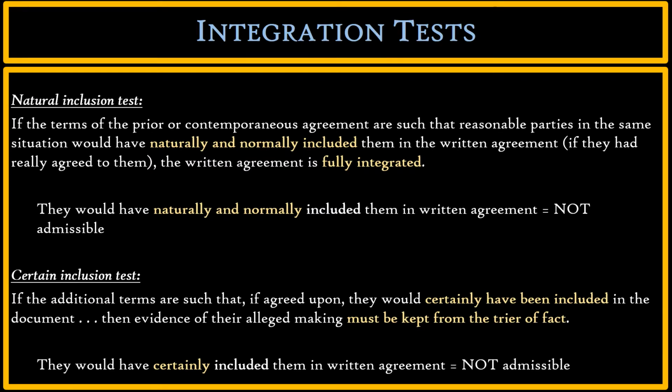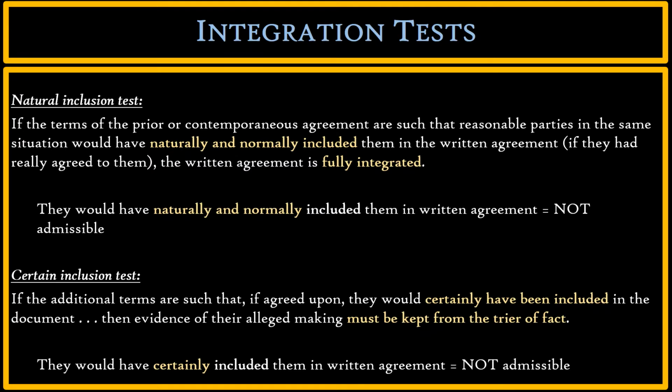I think there are more types of agreements that would have naturally and normally been included in the written agreement. I think there are fewer types of prior or contemporaneous agreements that would have certainly been included in the written agreement. And therefore, theoretically, the certain inclusion test under the UCC would admit more evidence.